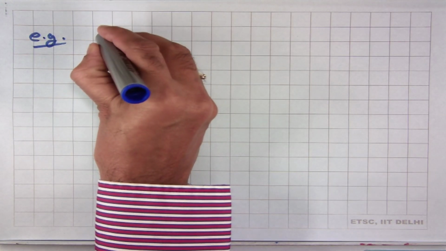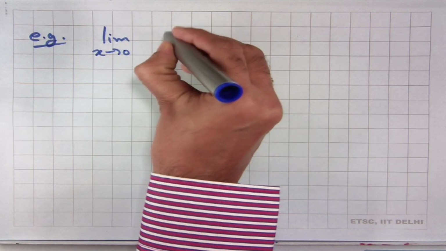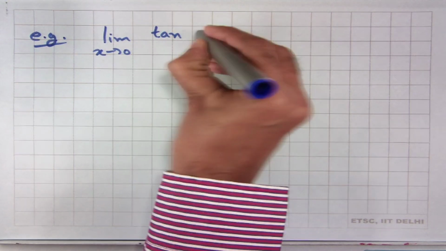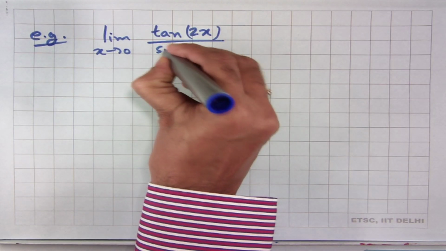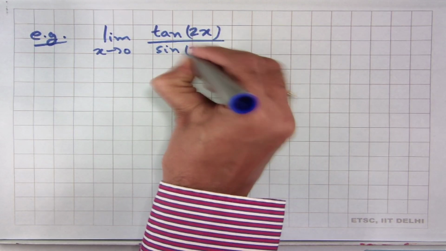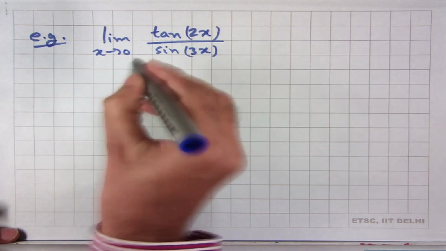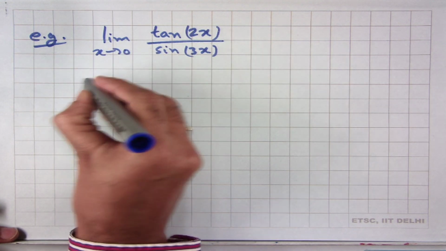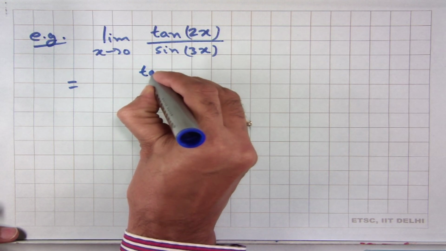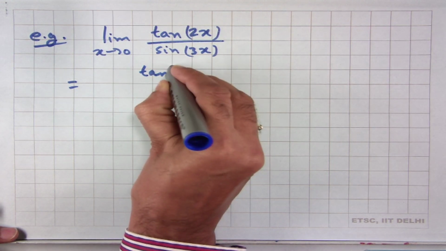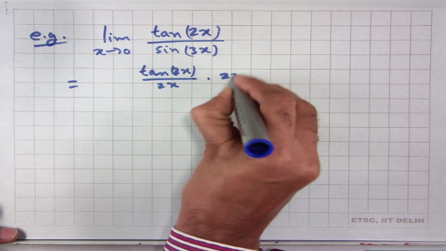What is the limit of tan 2x divided by sin 3x? What we can do is write tan 2x divided by 2x and then multiply it by 2x.